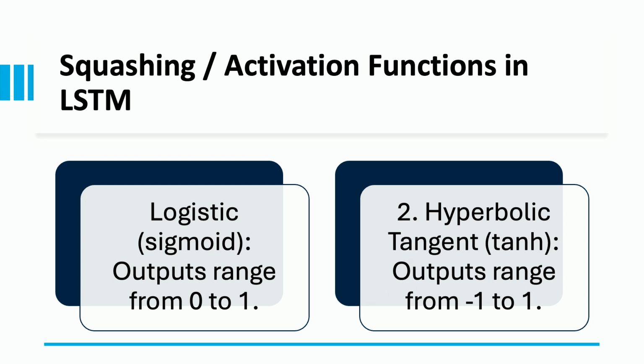There are 2 activation functions used: the sigmoid function and the hyperbolic tangent. So this is about natural language processing or time series data processing related neural networks, the recurrent neural network and the long short-term memory network, or LSTM.